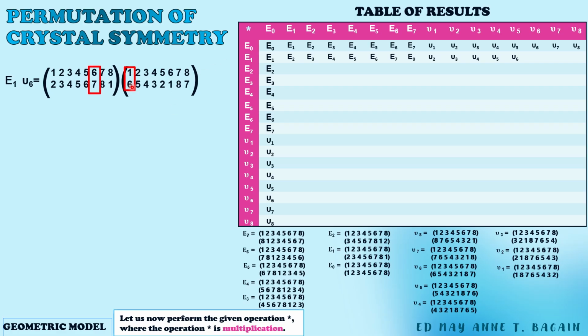The new one can be seen at 6, and it is 7. So 7, 6, 5, 4, 3, 2, 1, 8 would be the answer. And I'm correct. So what is the element? We have epsilon sub 7 as the answer of epsilon sub 1 and epsilon sub 6.